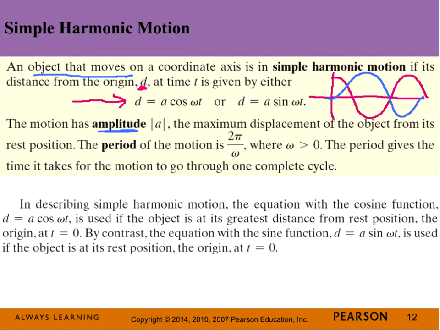So the rest position in either case here would be considered the x-axis. So the amplitude is that distance that it varies either above or below from the resting position.